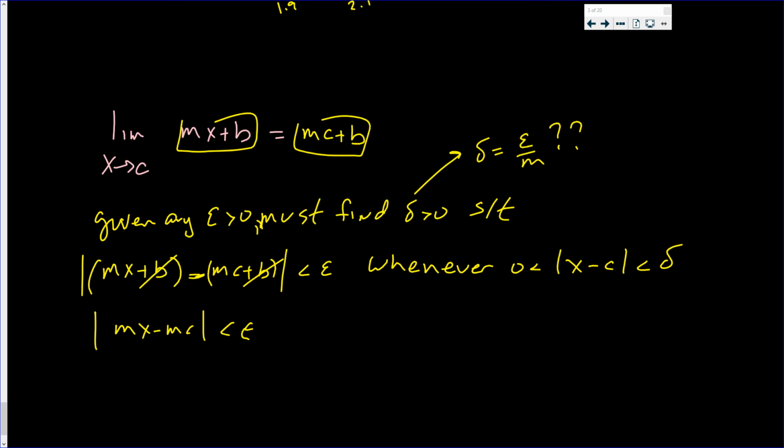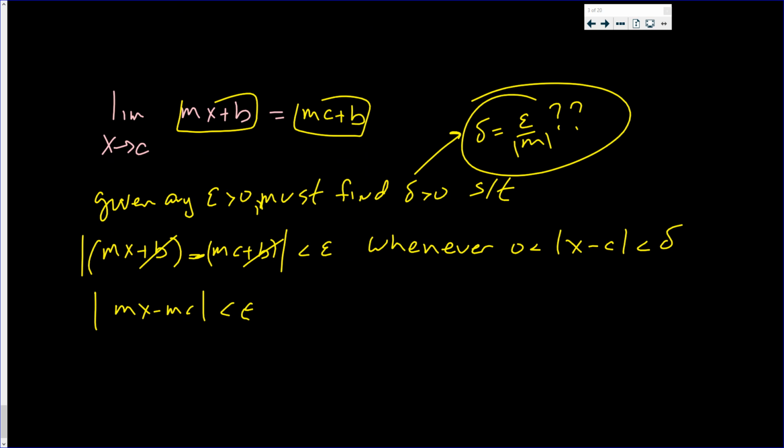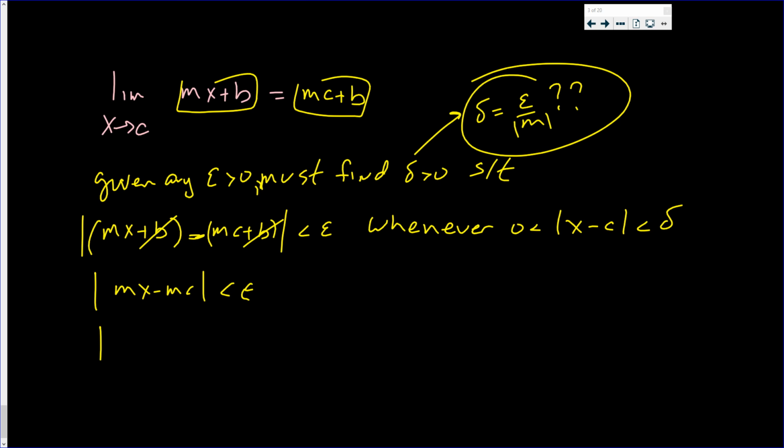So I do have one error. It should be over the absolute value of m. So what I said earlier worked only because our m's were positive. I can factor out an m. This is less than epsilon. Now I can factor the m out from the absolute value.